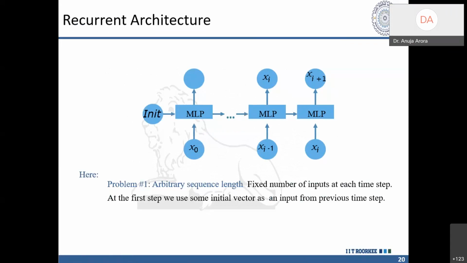Whatever sequence of words we enter, if it's the first word in the first layer, it is given a weight, like x naught, which is the input going to the multi-layer perceptron, and then all weightage is set by it.